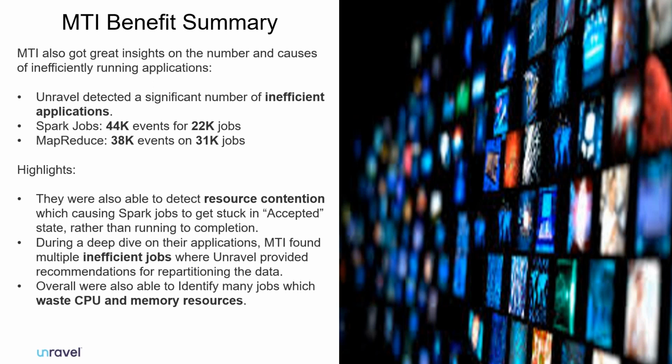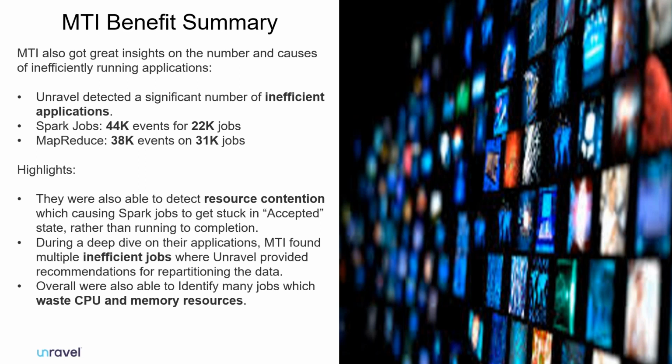So here's another view of the results at this particular customer, and we'll call them MTI. This customer had a number of inefficient applications. Specifically, Unravel was able to uncover 44,000 events across 22,000 Spark jobs, and 38,000 events or opportunities for optimization across 31,000 jobs.